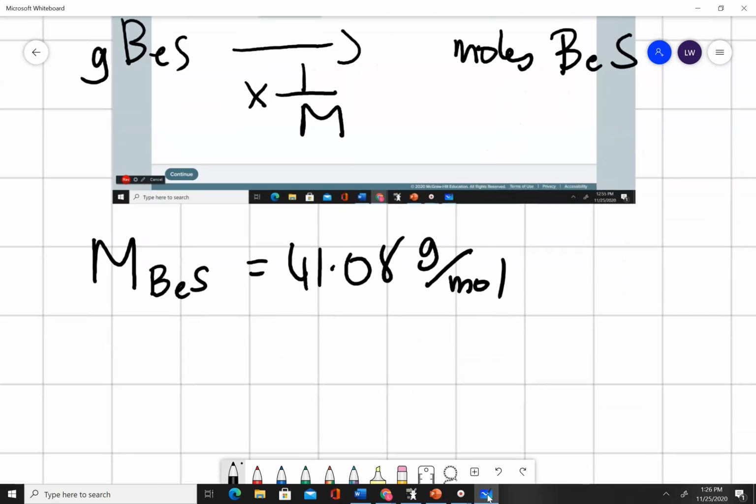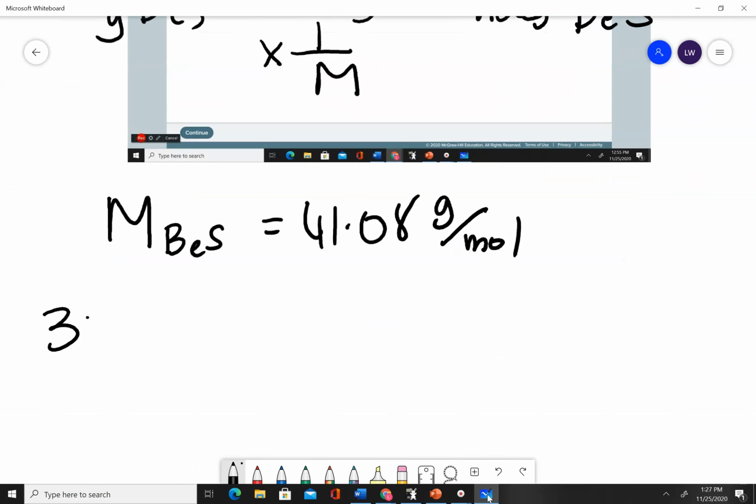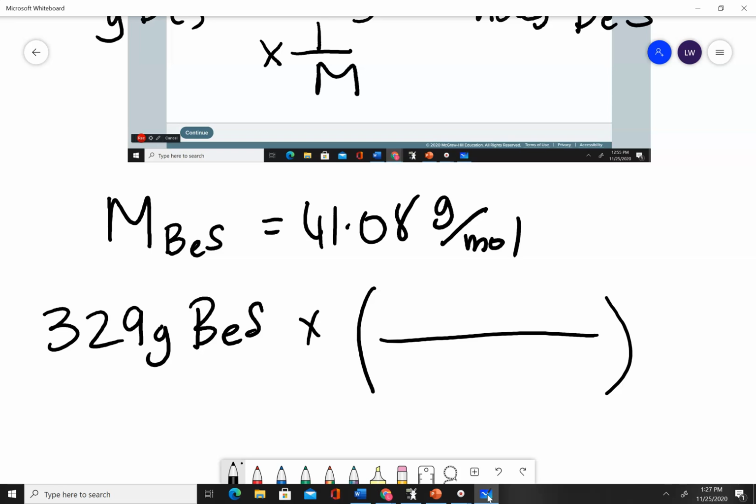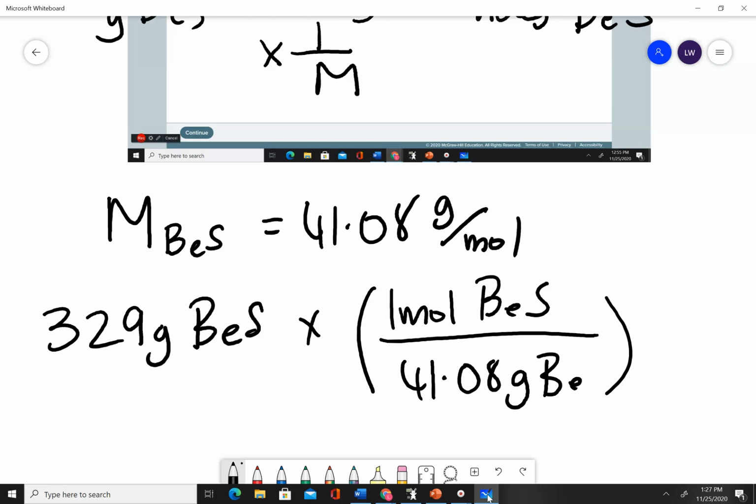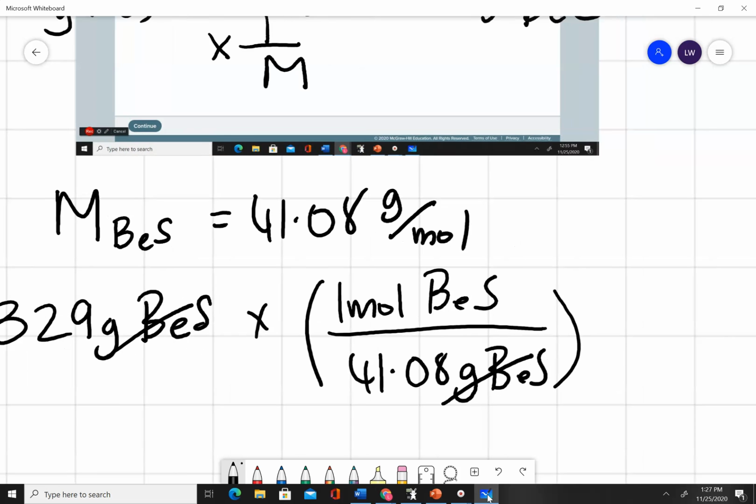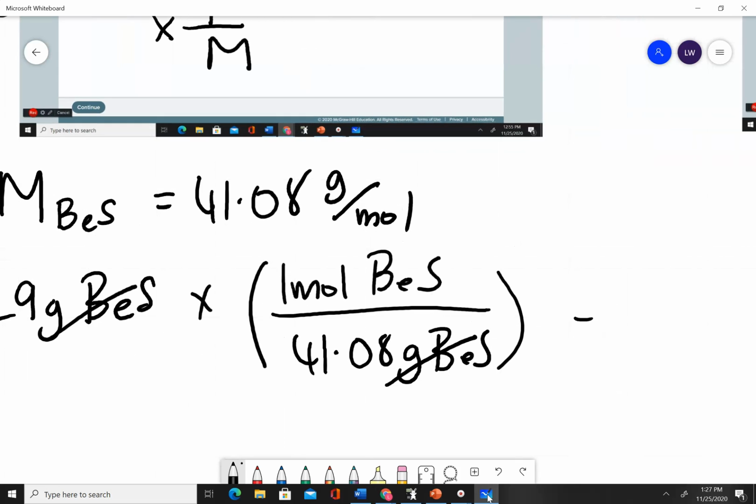So we had 329 grams of beryllium sulfide, and what we just calculated is in 1 mole of beryllium sulfide there are 41.08 grams of beryllium sulfide. So that cancels out and our conversion is relatively straightforward.